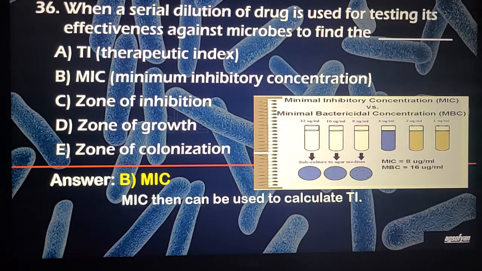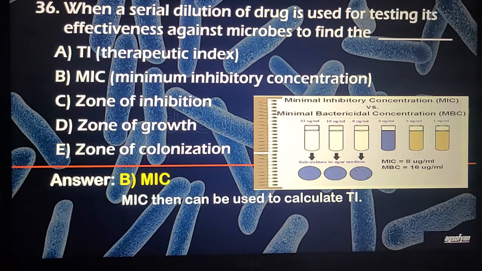Sometimes, we can also perform a next experiment by putting these solutions on a petri dish and letting them grow. And if you see that in the 8 microgram per milliliter, you see some growth of bacteria on the petri dish, while 16 does not have bacterial growth.